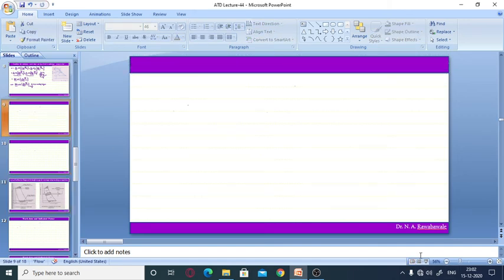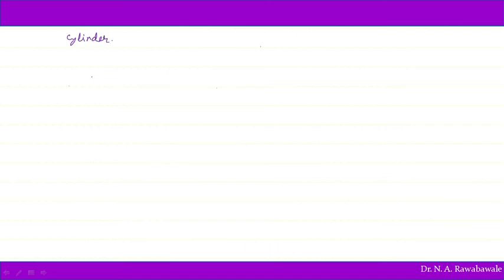We'll be finding cylinder dimensions of a multi-stage compressor.